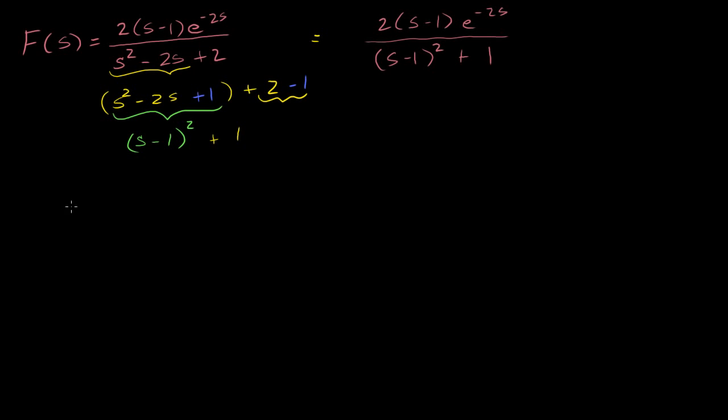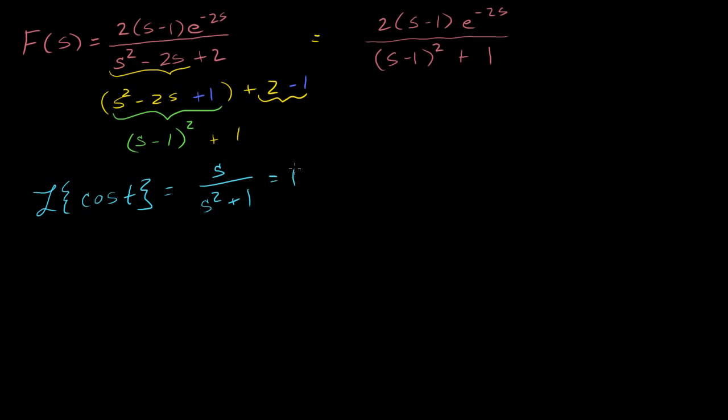Let's do a couple of test Laplace transforms. If I took the Laplace transform of cosine of t, we know that this is equal to s over s squared plus 1, which this kind of looks like. If this was an s and this was an s squared plus 1.